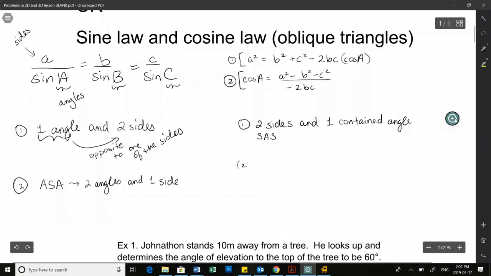I can use it to solve for a third side. Or I can use the second formula when I'm looking for an angle and I have all three sides. So three sides would be known. Or in other words, side, side, side.